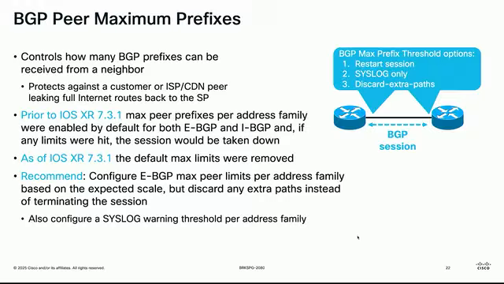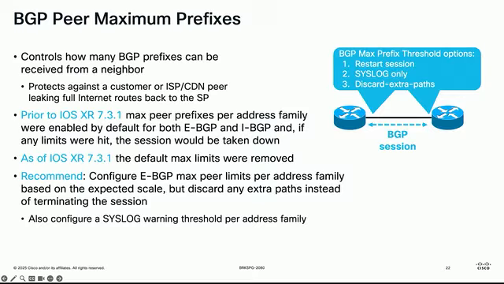You have an option. IOS XR supports setting 3 different actions: restart session, syslog, or discard extra prefixes. We highly recommend that you set the last 2. For example, you can generate the syslog message, and also discard extra prefixes.